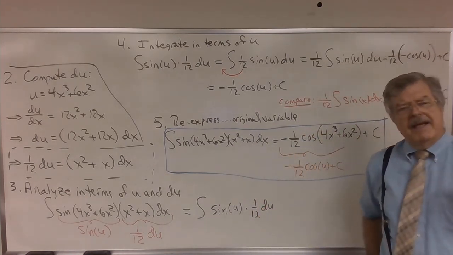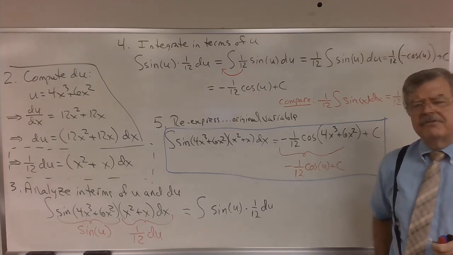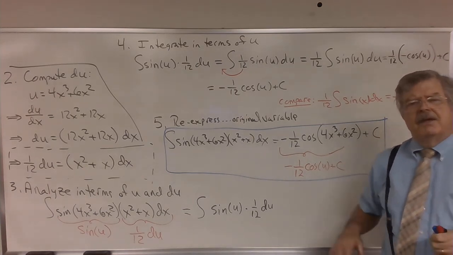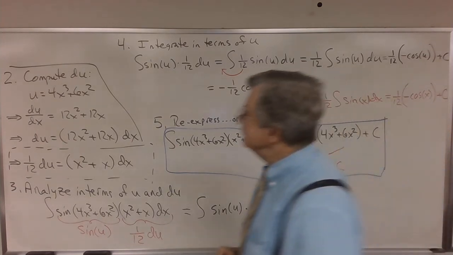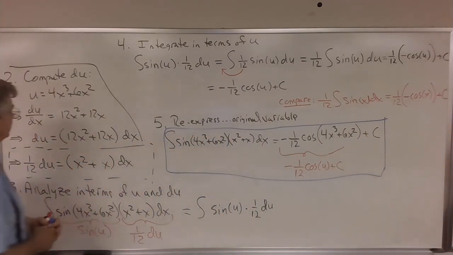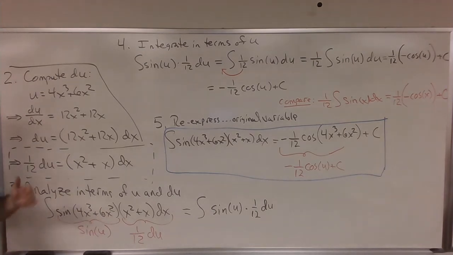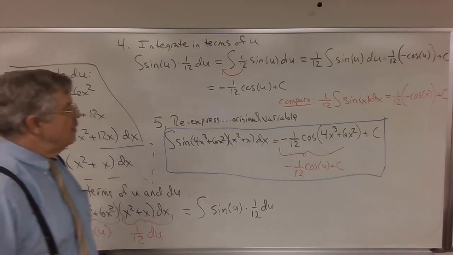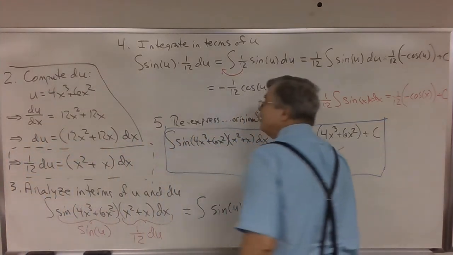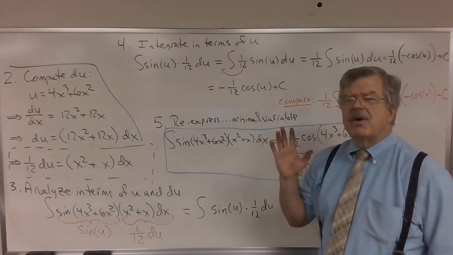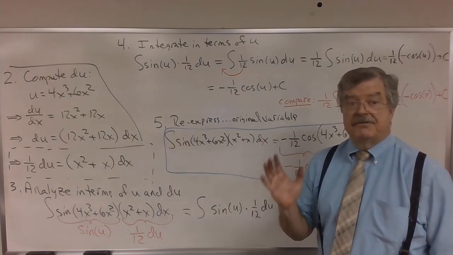We didn't have an exact function derivative pair here. We were off by a constant multiple. We were off by a factor of 12 or by a factor of 1/12, depending on how you look at it. But you know what? Here's why it doesn't matter if we're only off by a constant factor.